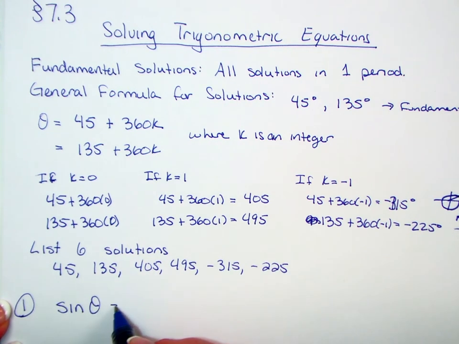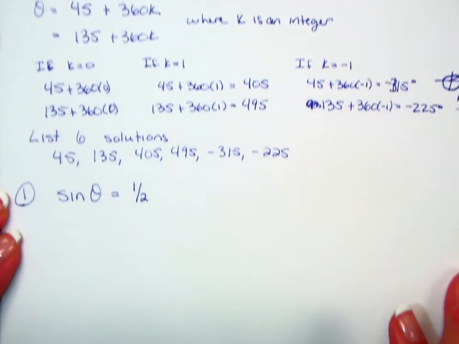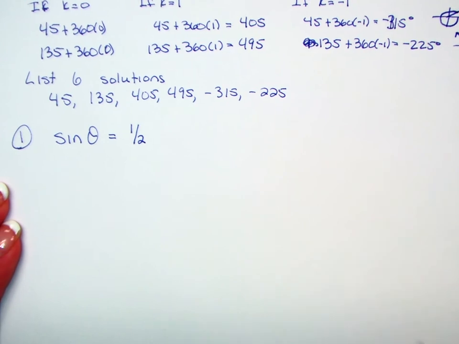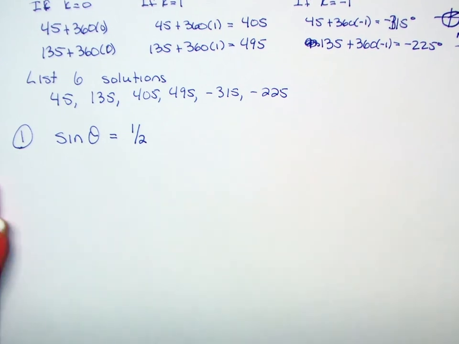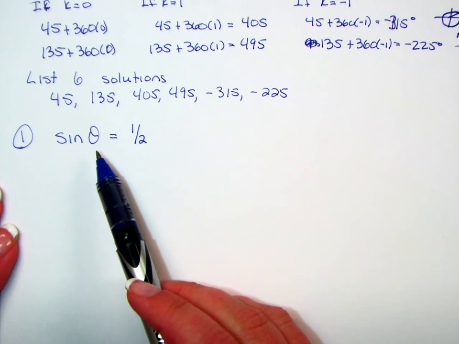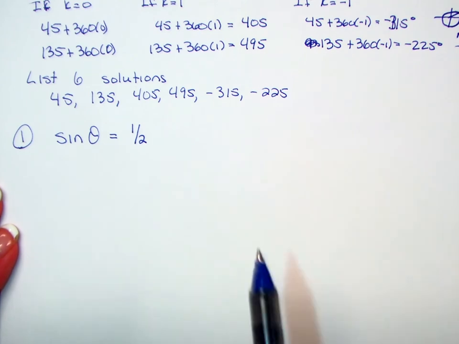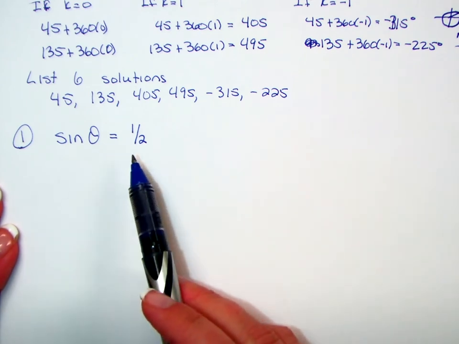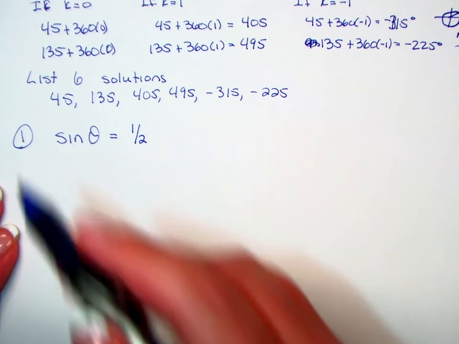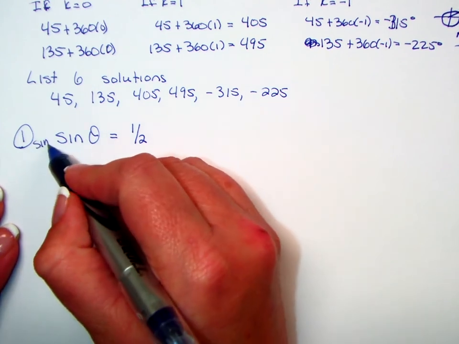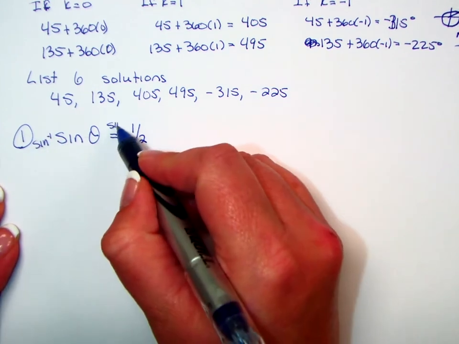Sine theta equals 1/2, right? So we want to find all the angles that sine of that angle is 1/2, okay? Now what I can do here is I can use the inverse trig functions. Okay, if I wanted to cancel sine, I'm going to do sine inverse of both sides.